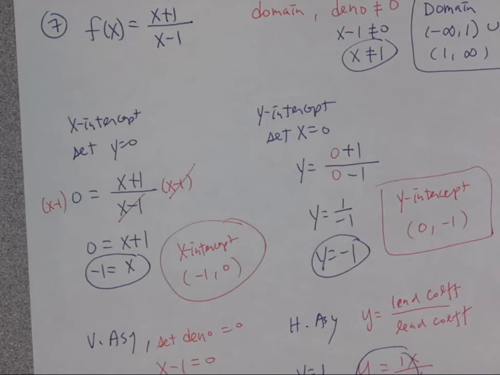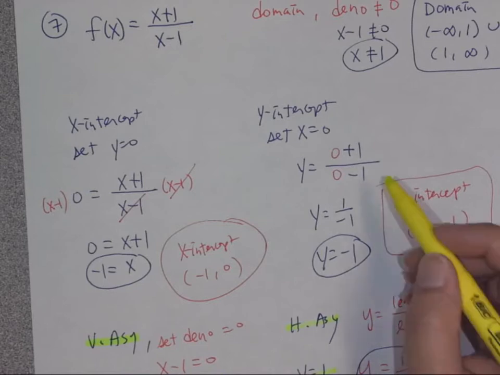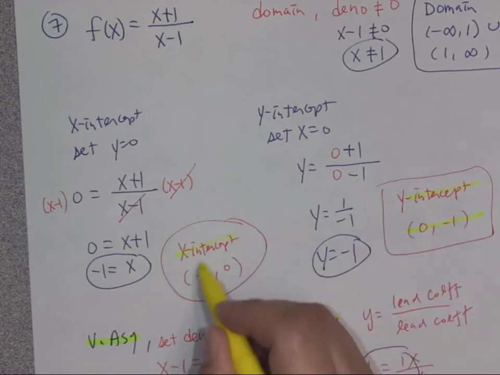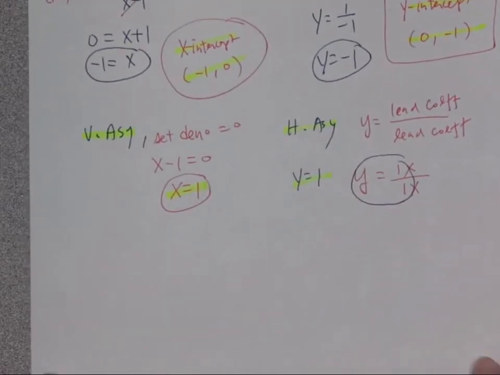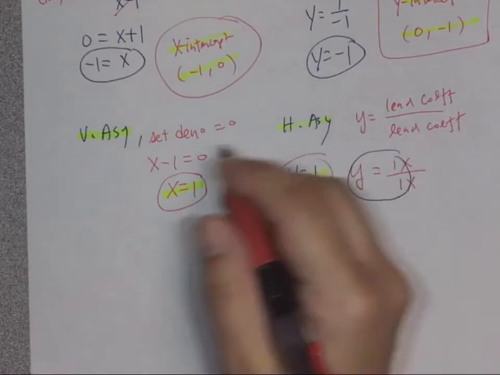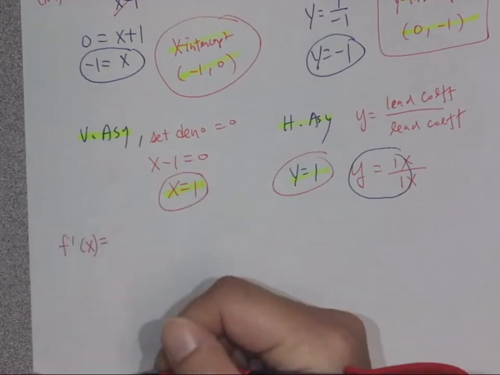Alright, so we found those. What's next? We talked about intercepts. I need to know the intervals of increasing, decreasing, and concave up and concave down. So if you want to find increasing and decreasing, you will go with the first derivative. So f prime of x.